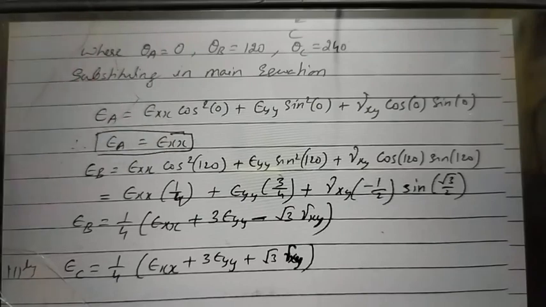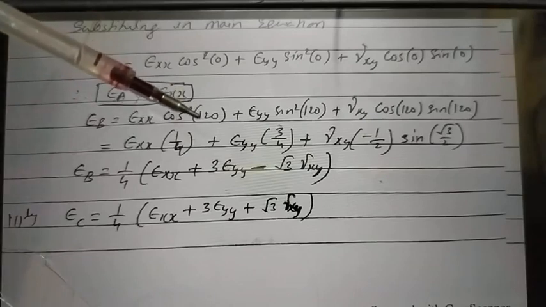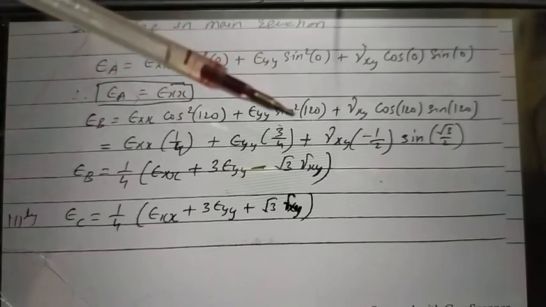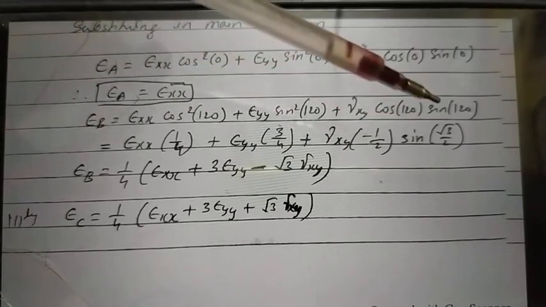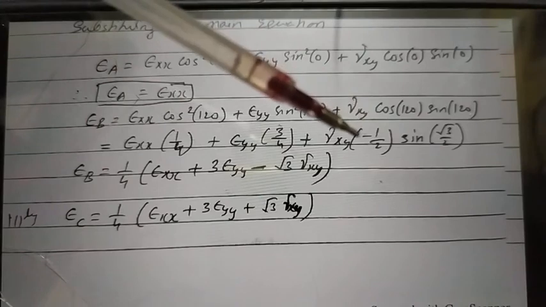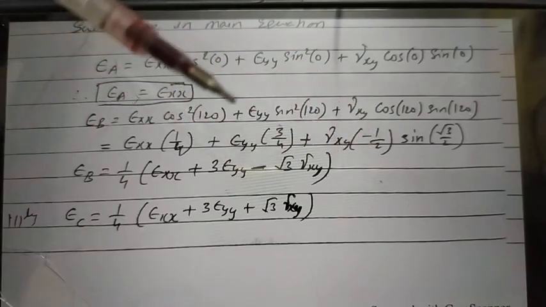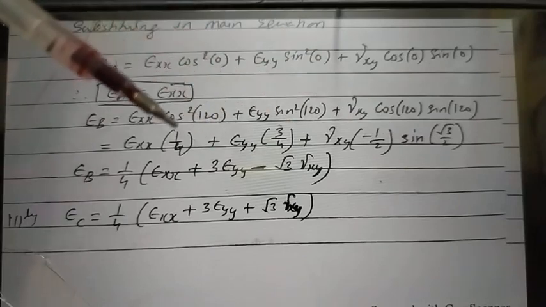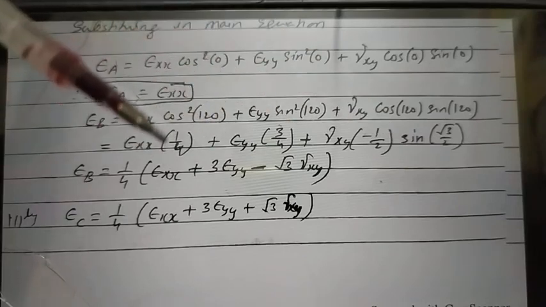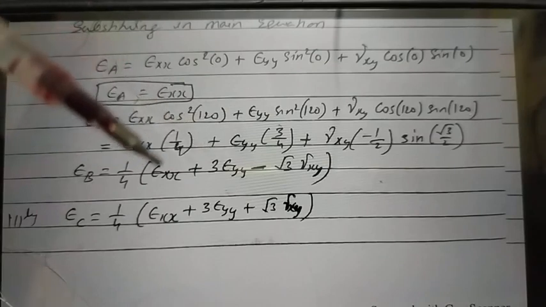Similarly, if you substitute for epsilon B, in the equation in terms of theta B, you are going to substitute 120. Similarly, you can see here 120, 120, and 120. So what is cos 120? The cos 120 is nothing but minus 1 by 2. So cos square of 120 is going to be 1 by 4: minus and minus cancel, and 1 by 2 times 1 by 2 gives 1 by 4.